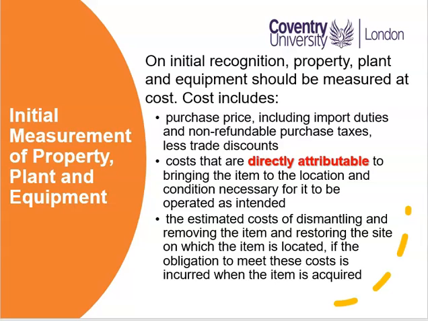Subsequent recognition is what happens to the value of the item in subsequent periods each year, whether the item changes in value or not. And derecognition occurs when the item is either sold or destroyed and has to be removed from the financial statements. Let us first focus on initial recognition.